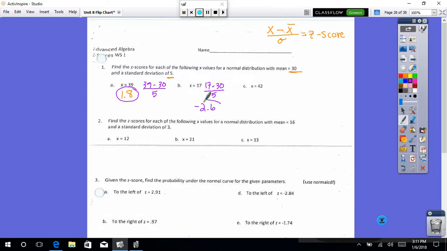Don't freak out that it's negative. Remember, on our bell curve, we move to the left. Anytime we move to the left, it gives us a negative z-score. That just literally tells you that you are moving to the left.